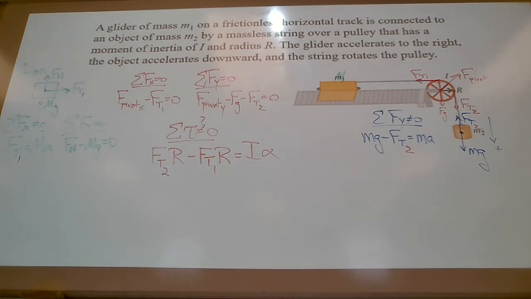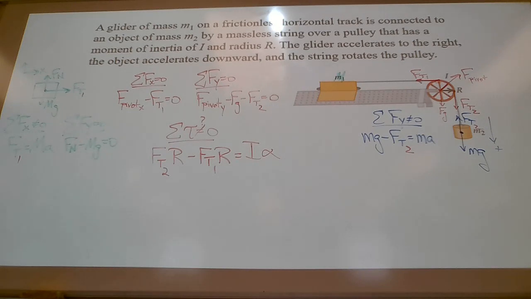If you can do the setup, you can answer anything they throw at you in terms of acceleration, the coefficient of friction, anything like that. If they ask for something that looks like energy, then go the energy route. But with this, you can hit forces and acceleration.